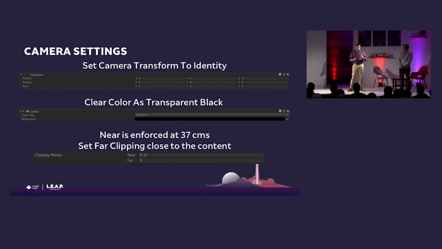If you set the far clipping plane too far, you can see the content shake as you move sideways. We also call it judder. So to reduce the effects of judder, make sure the far clipping plane is as close to the content as possible. Now, if you're interested in knowing more details about reprojection planes or time warp, we are covering that in more detail in the 3D game engine integrations talk later today.